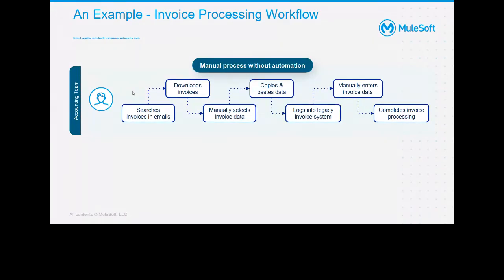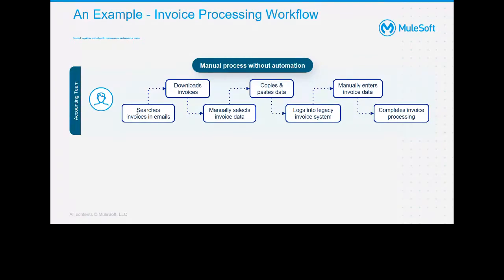We can automate this to bring in a better employee satisfaction rate. These are the activities the accounting team does: they search for invoices in the emails, download those invoices, manually select the invoice data, copy and paste that data, picking it from a couple of other documents, and then paste it into an Excel sheet.